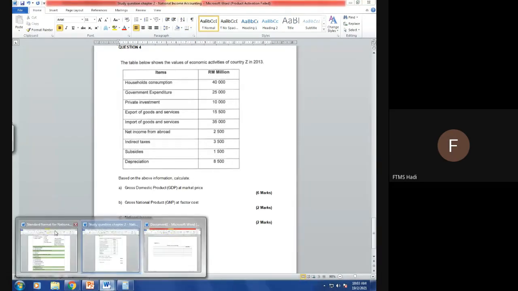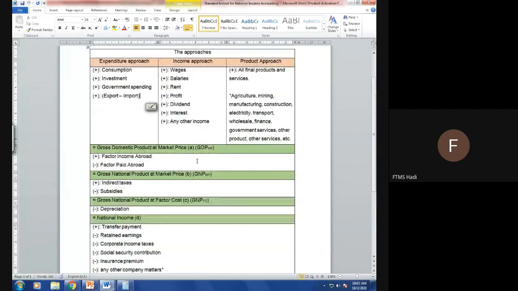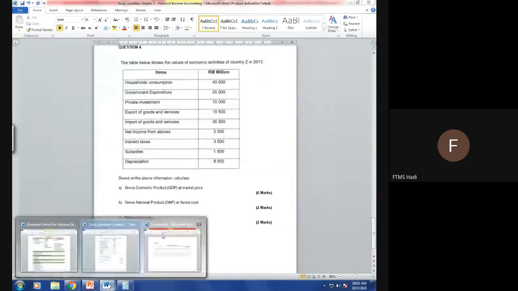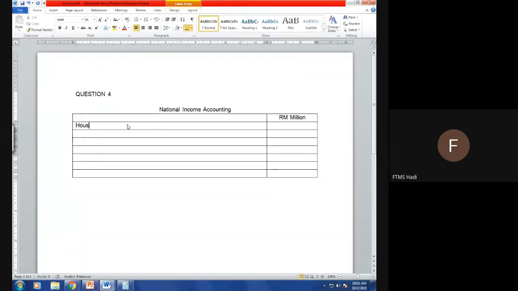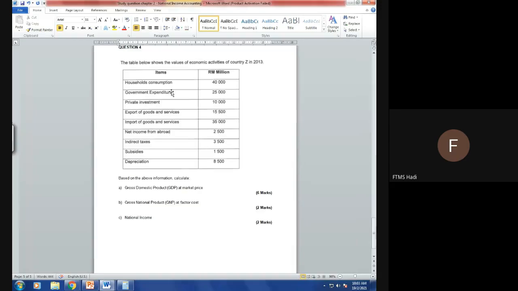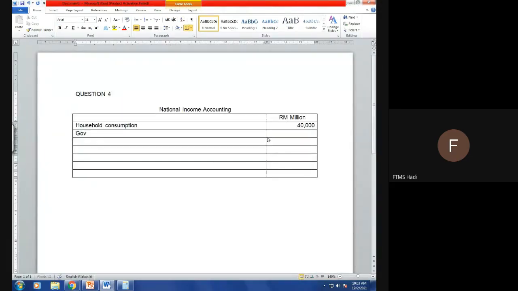Okay, the first thing we need to put is household consumption. Household consumption is 40,000. The second one is government expenditure, which is 25,000.